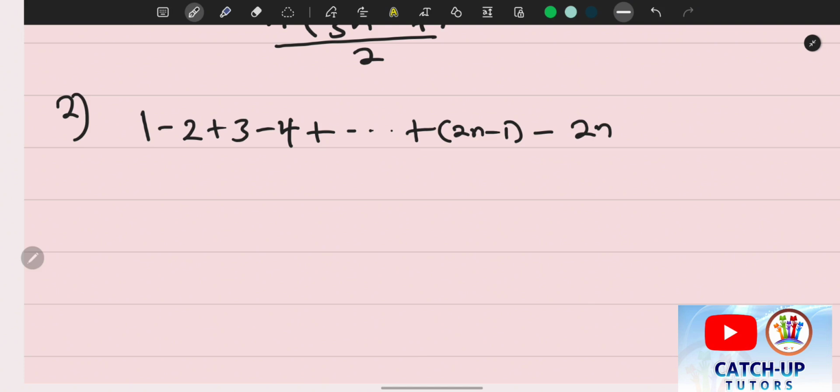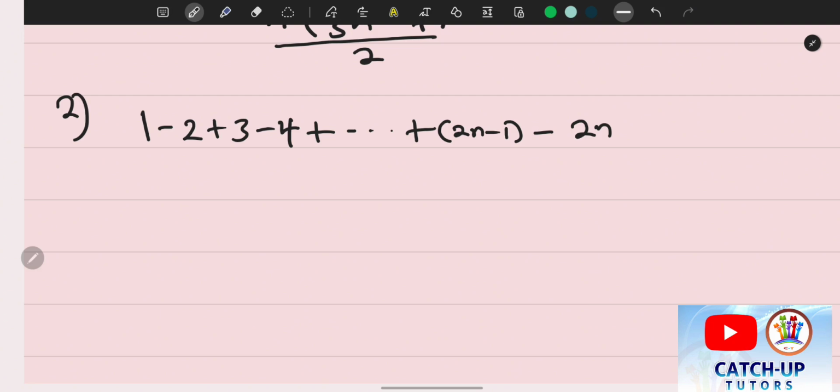But the only difference here is that the sign alternates, which implies that the odd numbers take positive while the even numbers take negative. As you can see, we have minus 2 here, minus 4, minus 2n, so all these are even numbers, while the odd numbers here are 1, 3, 5 up to 2n minus 1.